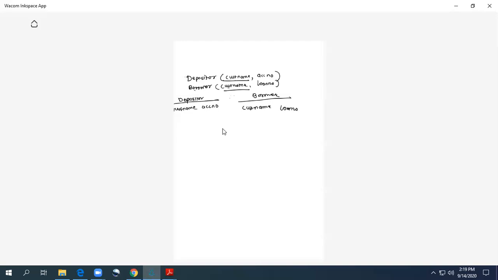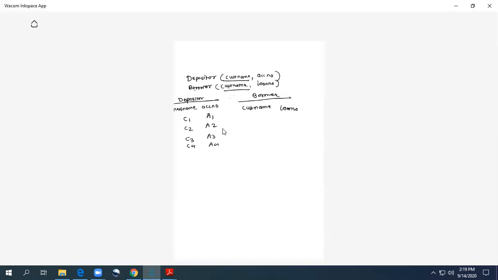So assume the customers are C1, C2, C3 and C4. In the account table, the account numbers are assume A1, A2, A3, A4, right?